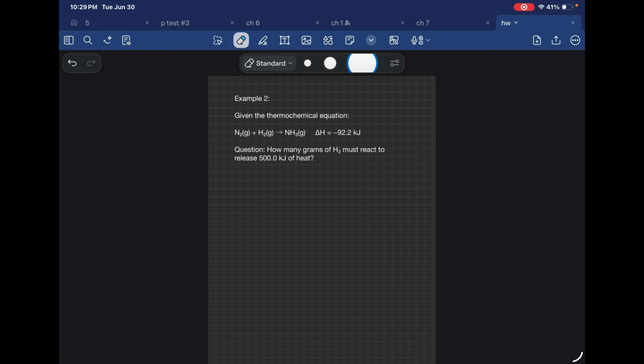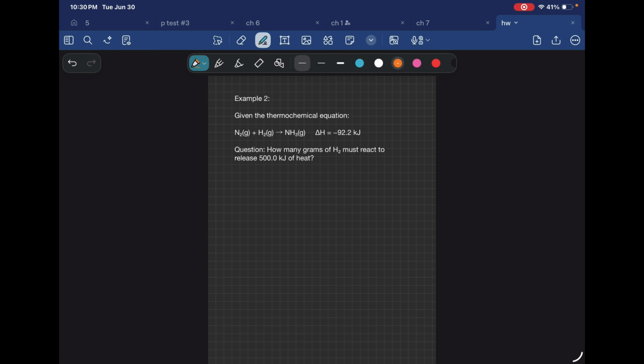All right, everybody, now that we've done example 1, let's move on to example 2. So this question is a thermochemical question, and we are given the reaction, and we're given delta H. Similarly to the last questions, we must ask what we are looking for and what we already have within our problem.